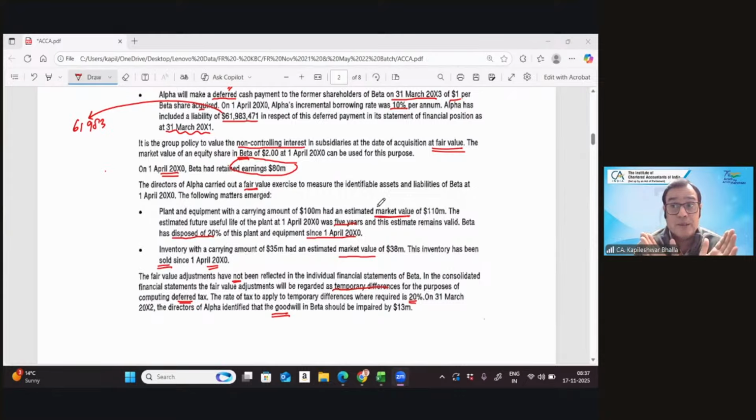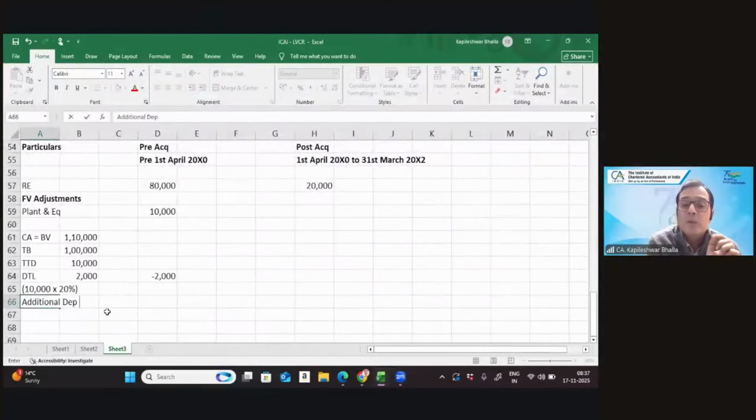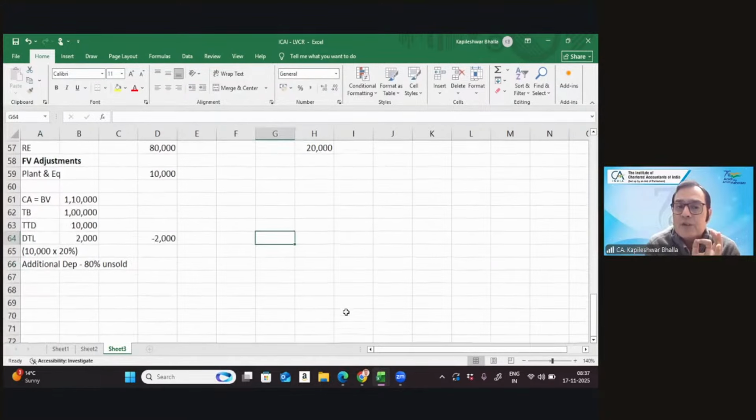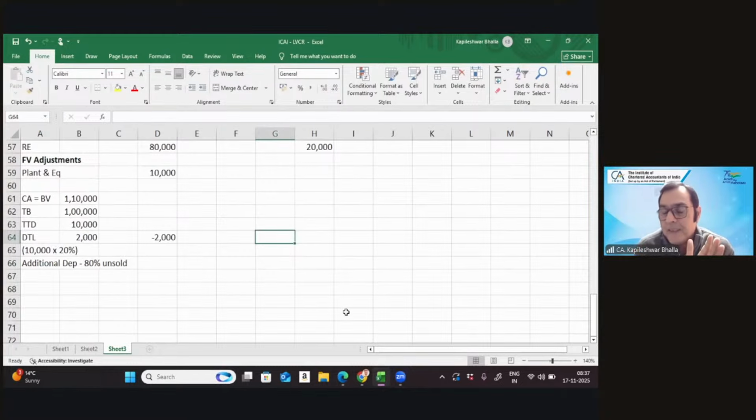Now, since 20% of the assets stand disposed, you should treat the 80% separately, which is still there, and you should treat the 20% separately. So what we are going to do, we will consider the additional depreciation on that 80% which is unsold. We will tackle that unsold portion separately, and we'll tackle the disposal portion separately.